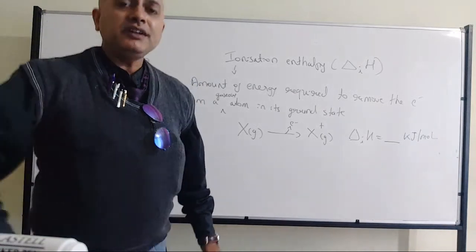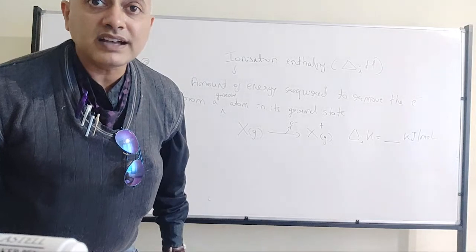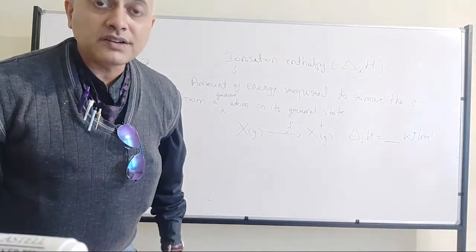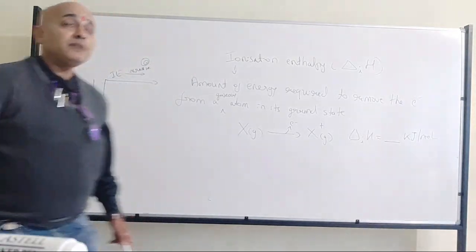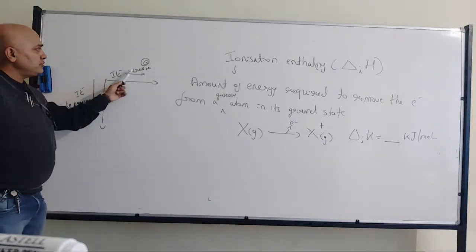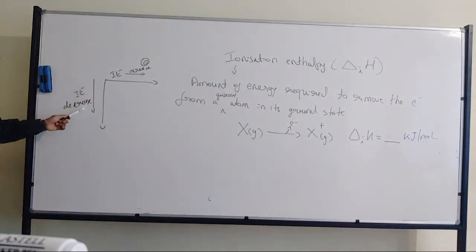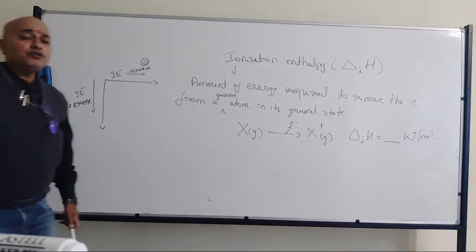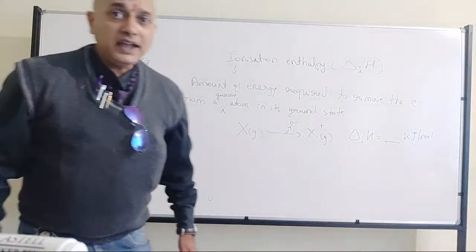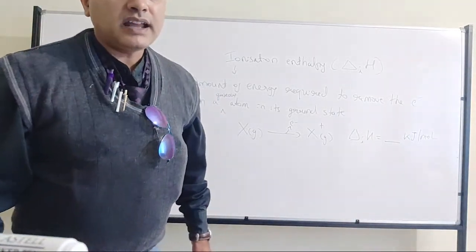All of you have understood? That's all because of the variation in the atomic size. Ionization enthalpy increases when moving rightward and decreases when moving downward. But these changes are not uniform.